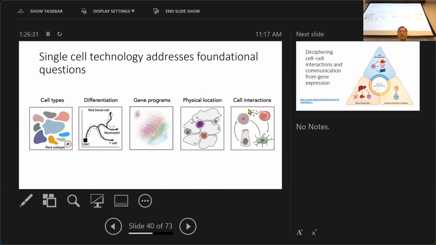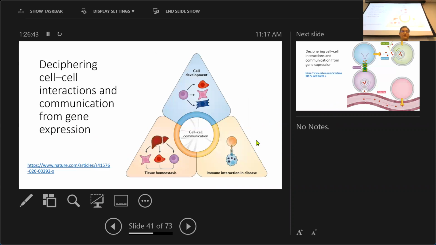Another very important thing is cell-cell interaction, which you cannot do with traditional bulk RNA, but which becomes possible with single-cell data analysis. From this review paper, I copied this diagram.